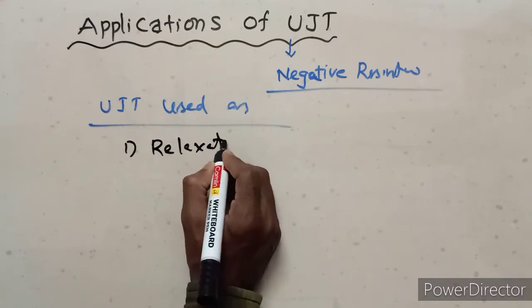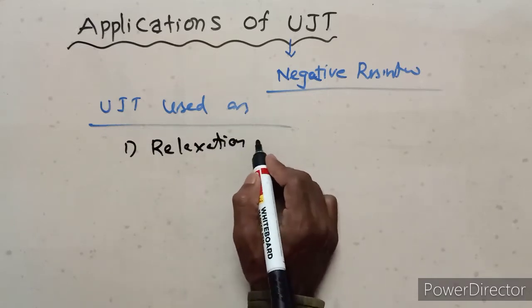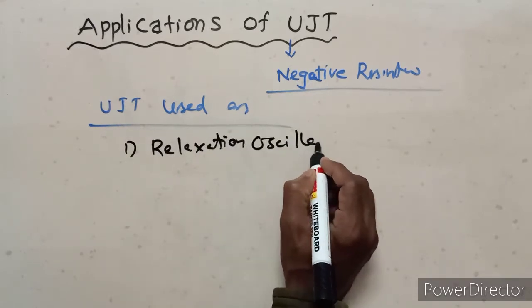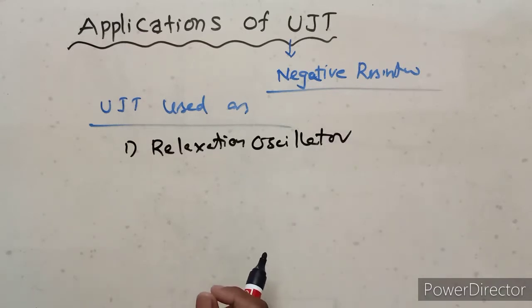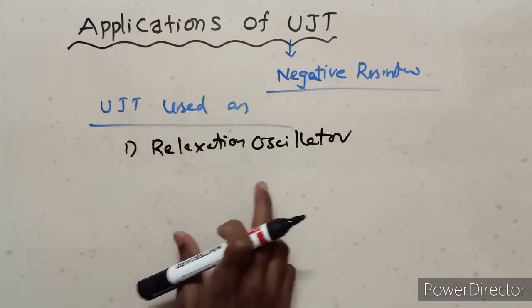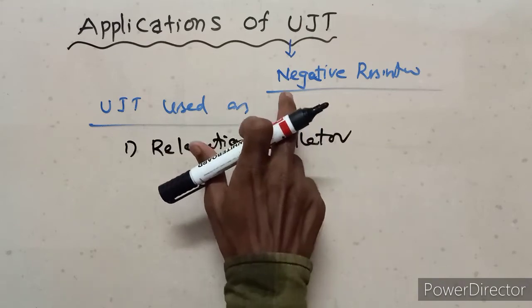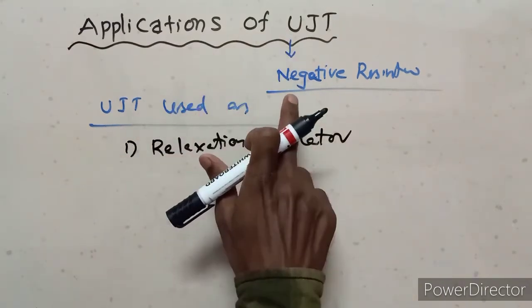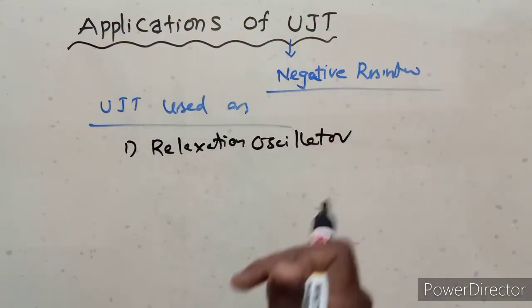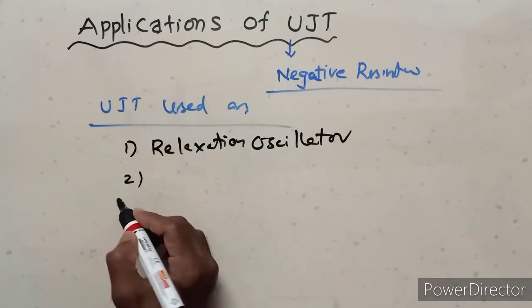Relaxation oscillator is very, very important. The UJT is used as a relaxation oscillator because its characteristic is mainly negative resistance.